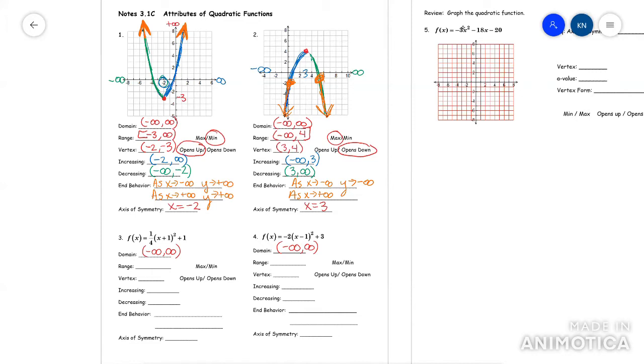My arrow at the end is going down, so my y value is going to negative infinity. And just one piece of information that you should know, when it comes to end behavior on a quadratic, your arrows are going to be going the same way. So your end behavior better be going the same way. Just something to think about.